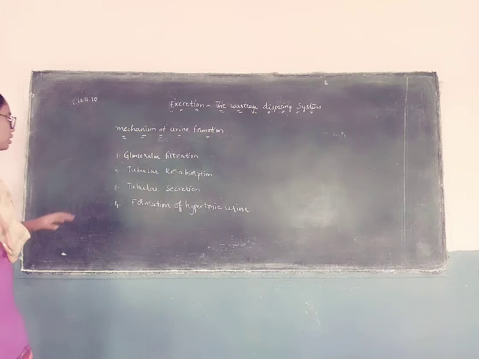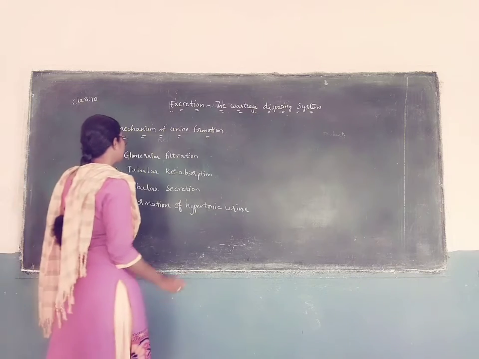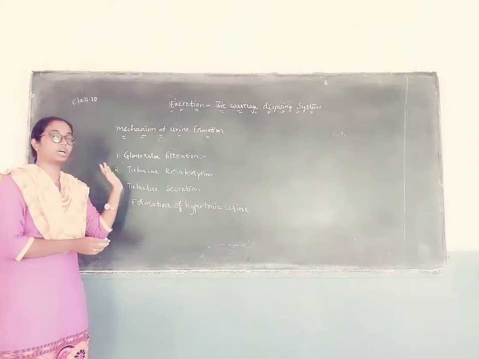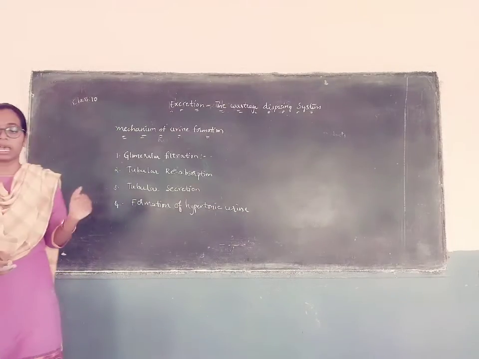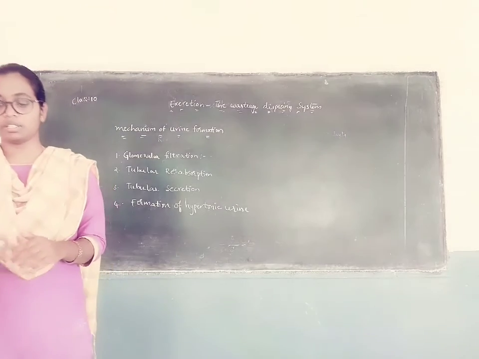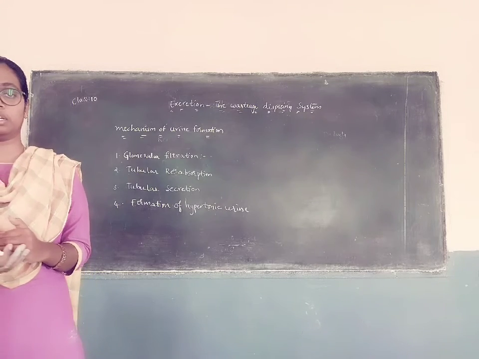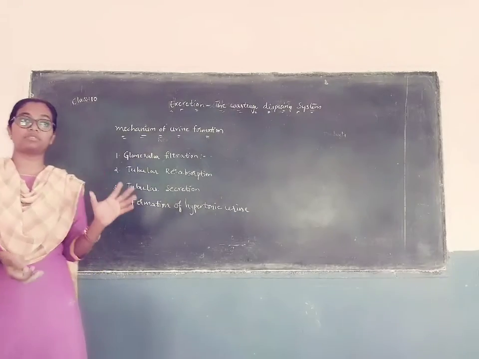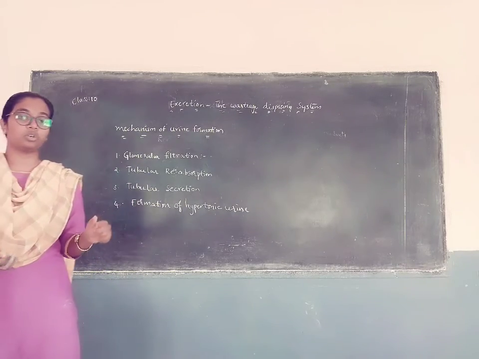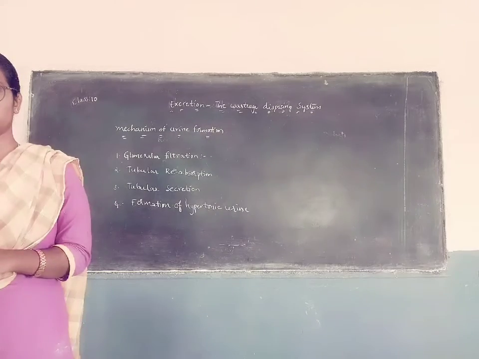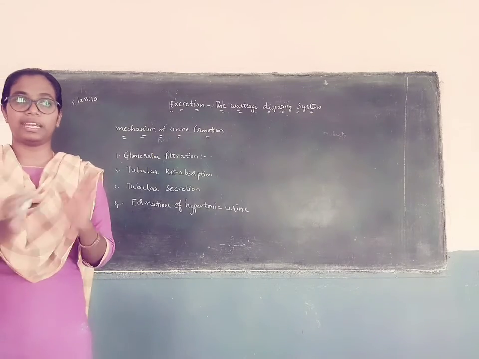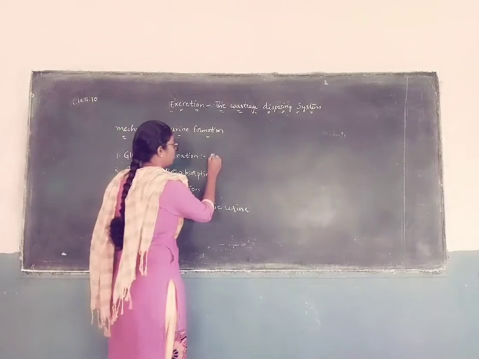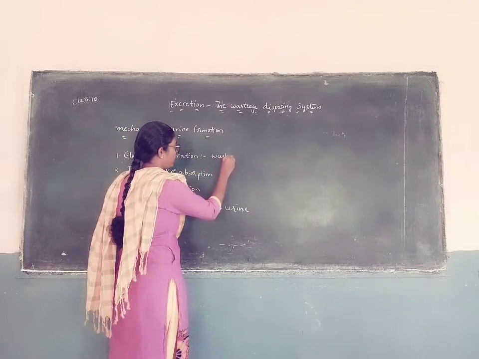In glomerular filtration, the blood flows through the glomerulus. Under the influence of pressure due to the narrowness of the efferent arteriole, the glomerulus filters the blood of waste products.